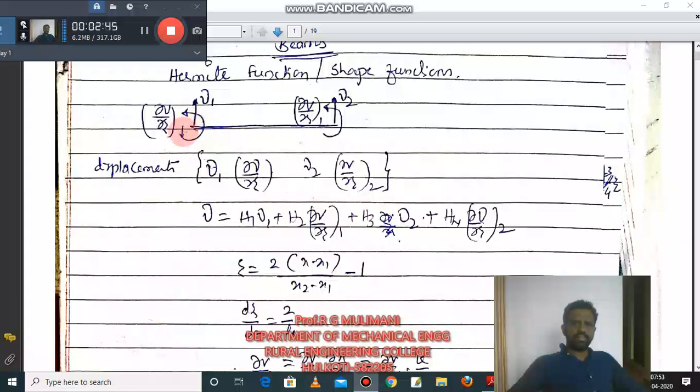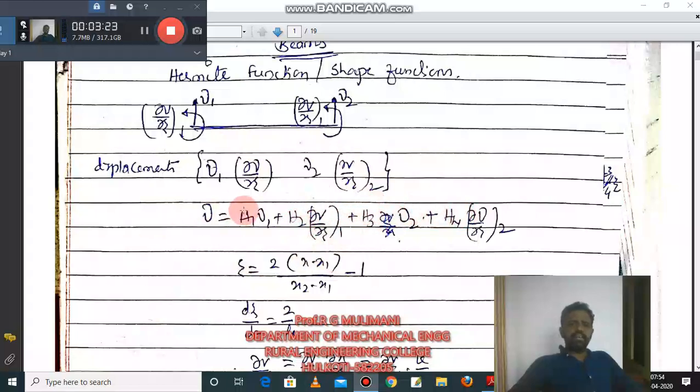As we have 4 nodal displacements for one element, we take h1, h2, h3, h4, along with the vertical displacement V1 and slope at node 1, and V2 and dou V by dou zeta, the vertical displacement and slope at node 2. The displacement at any point can be calculated if we know the Hermite shape functions h1, h2, h3, h4.